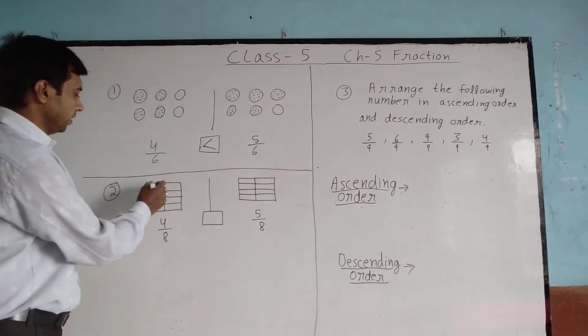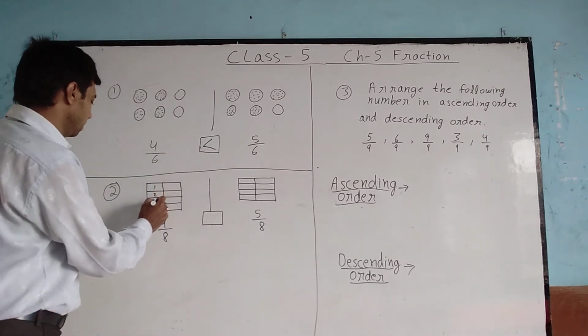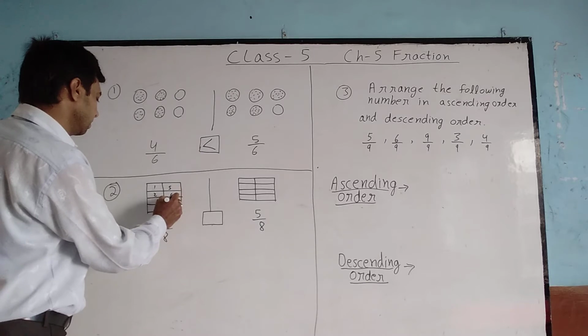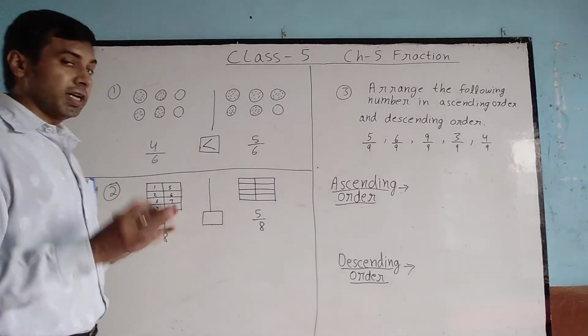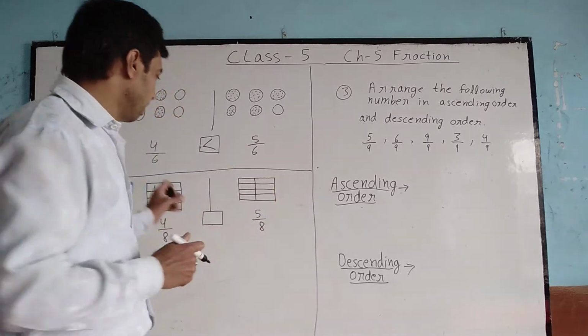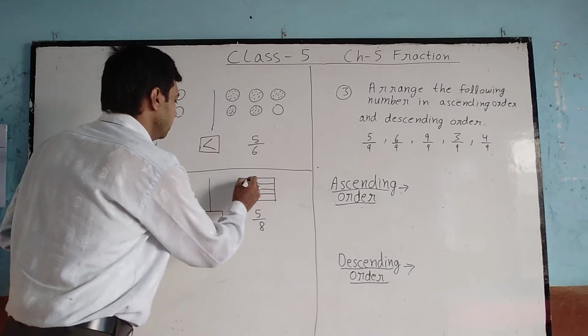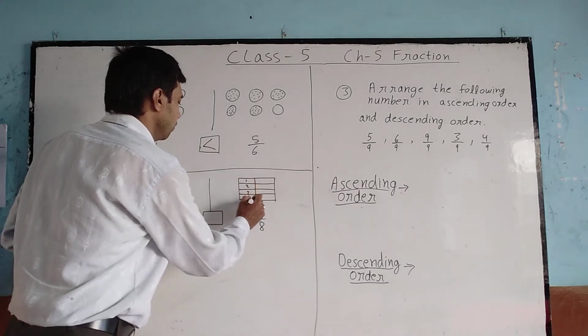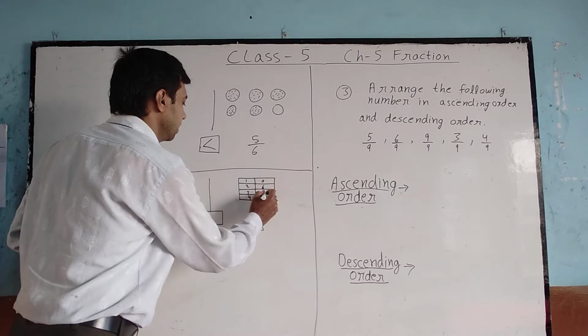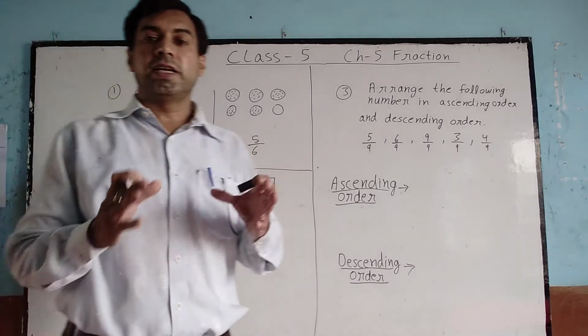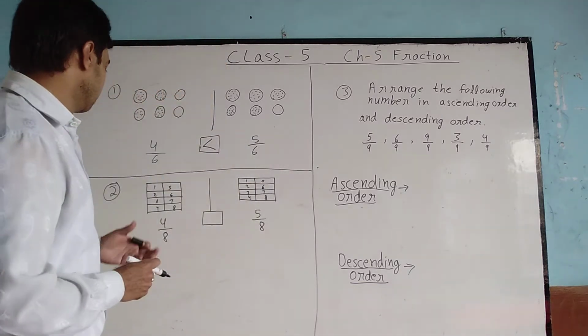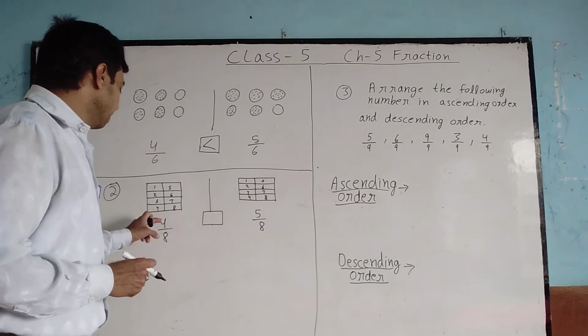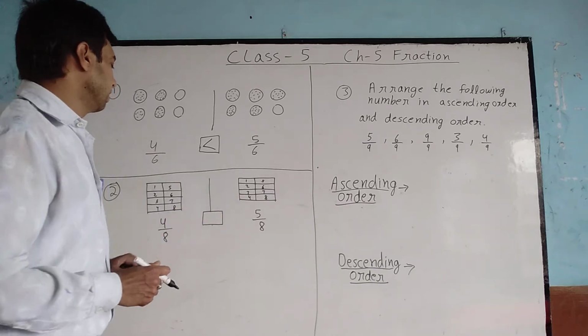Now student, here 1, 2, 3, 4, 5, 6, 7, 8, total 8 parts. Now here 4 is written, here 5 is written.